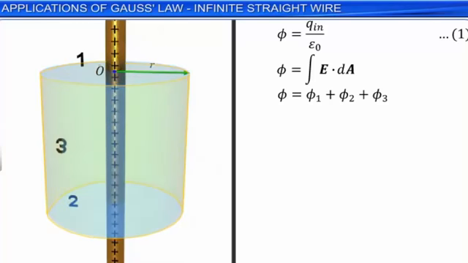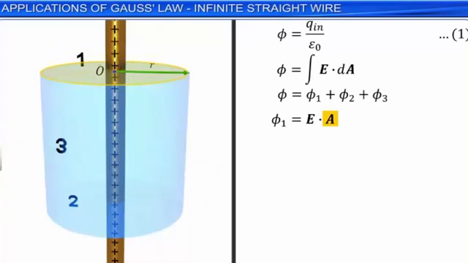Let us now calculate the electric flux through surface 1, which is the flat surface of the cylinder. We know that the electric flux phi 1 is equal to E dot A, where E is the electric field and A is the area vector.